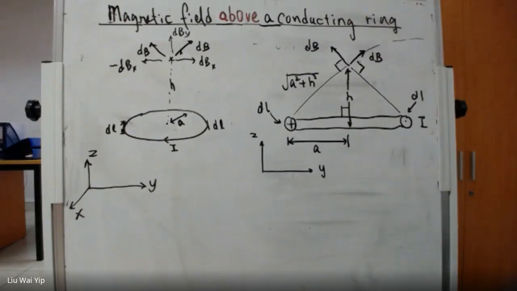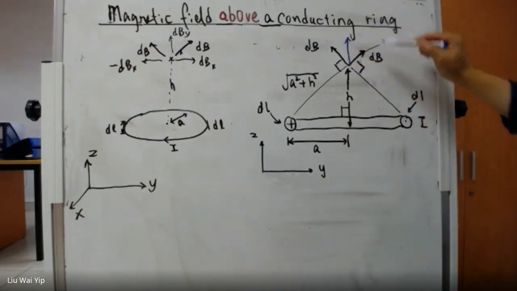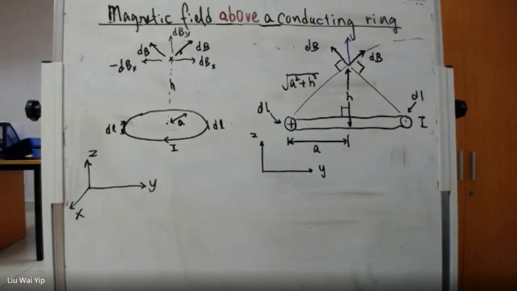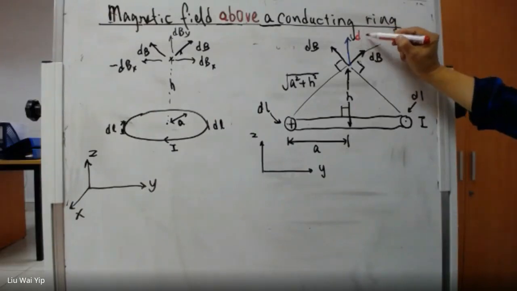So now, the question is what is the vertical equivalent for the magnetic field? The vertical magnetic field should be dBy. So better write this down, dBy.